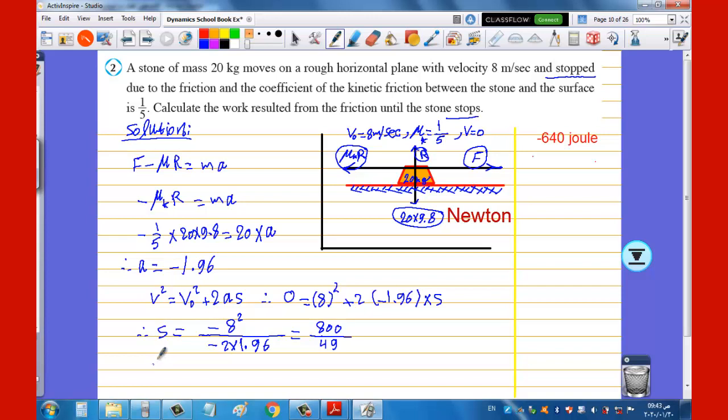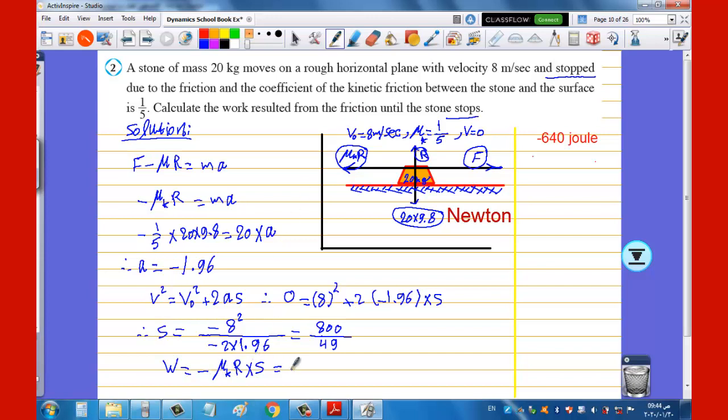Now the work W equals negative mu r multiply s, this is the work from the friction force, of course.